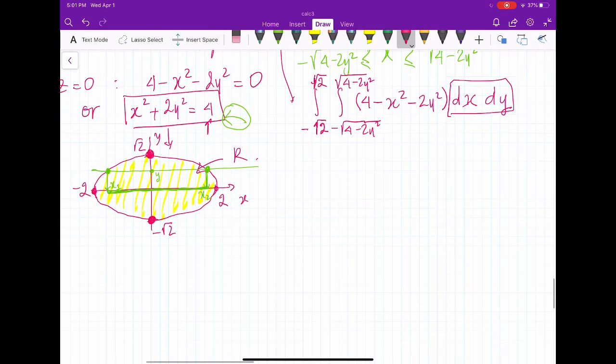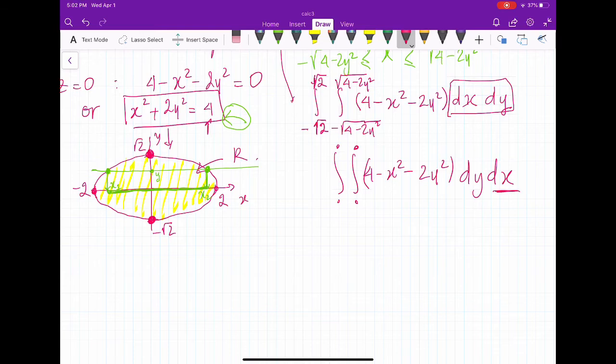Now I want to write in the order dy dx. The function is still 4 minus x squared minus 2y squared. So I need to find integration limits in here, and in here. For the x, everything is good because we know x will go from negative 2 to 2, right? Negative 2 to 2. Make sense? And now for the y, we fix x in this situation.